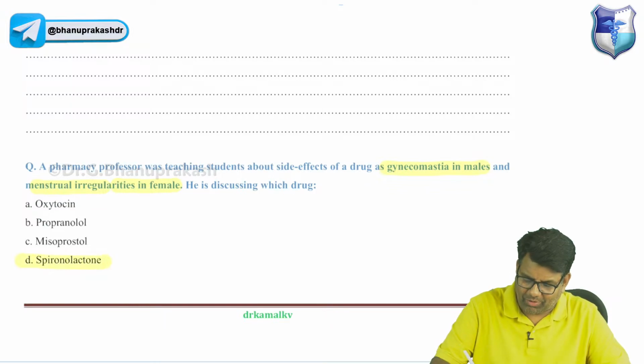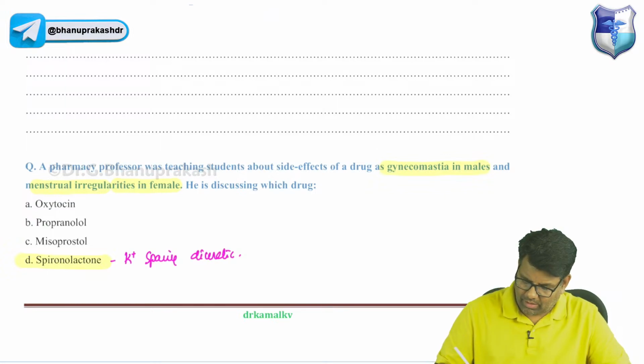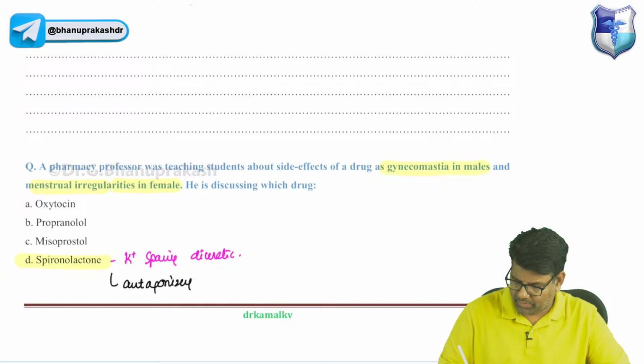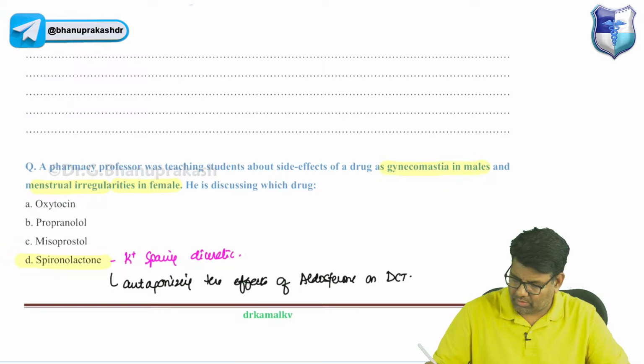This is spironolactone, which is a potassium sparing diuretic, acts by antagonizing effects of aldosterone in the early part of the collecting duct.